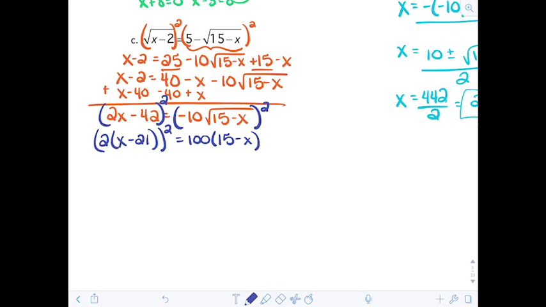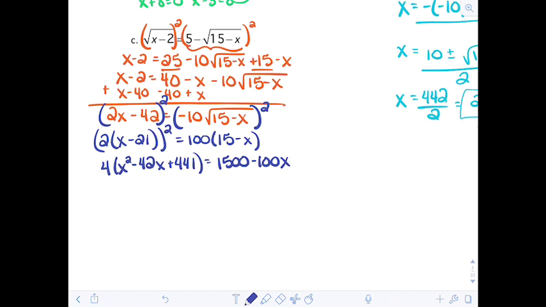Okay, so on the left, I'm going to square the 2, which is 4, and I'm going to square the x minus 21, and that gives me x squared minus 42x plus 441 equal to 100. Actually, I'm going to distribute that. Equal to 1500 minus 100x.